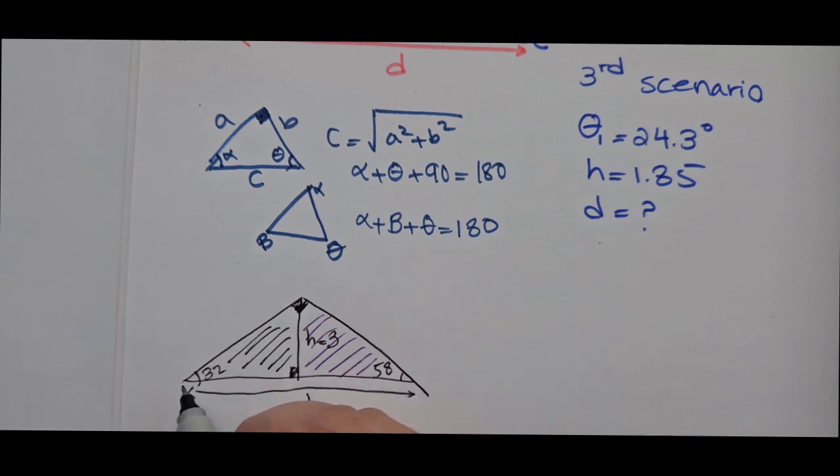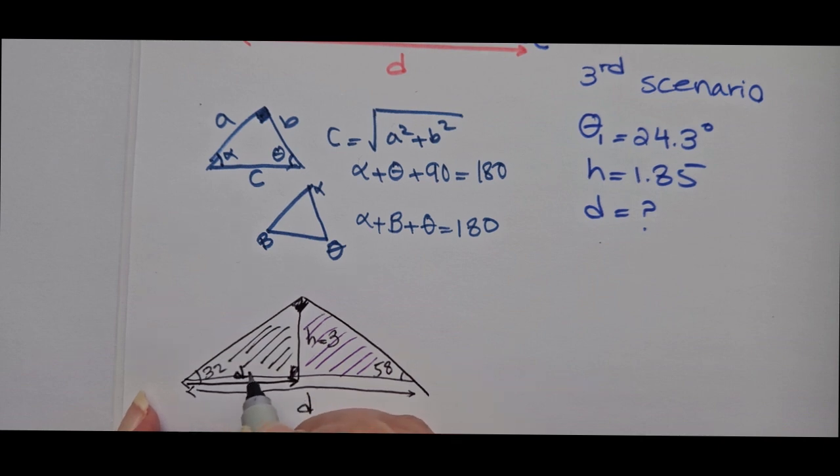For this specific angle 32, try to find the tangent. The tangent would be opposite over adjacent. And let's call this distance D1 and this distance D2. So D1 plus D2 together make D.